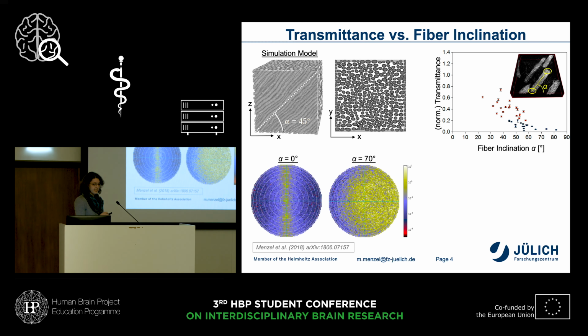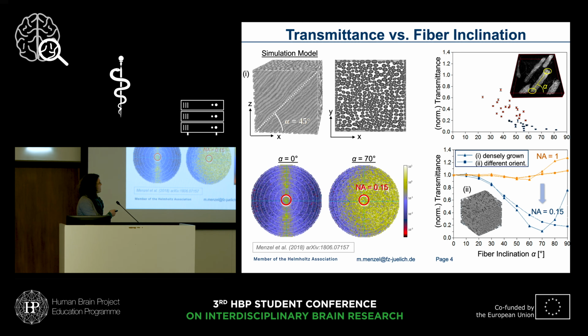And our imaging system has a very small numerical aperture. So the camera only detects a small portion of the light. And this leads to a decrease in the transmittance. So it's a bit hard to see, but here the solid curve belongs to this densely grown fiber bundle, and the dashed curve to this bundle with broad fiber orientation distribution, and this gives us a similar decrease as we also observe in our experiment.